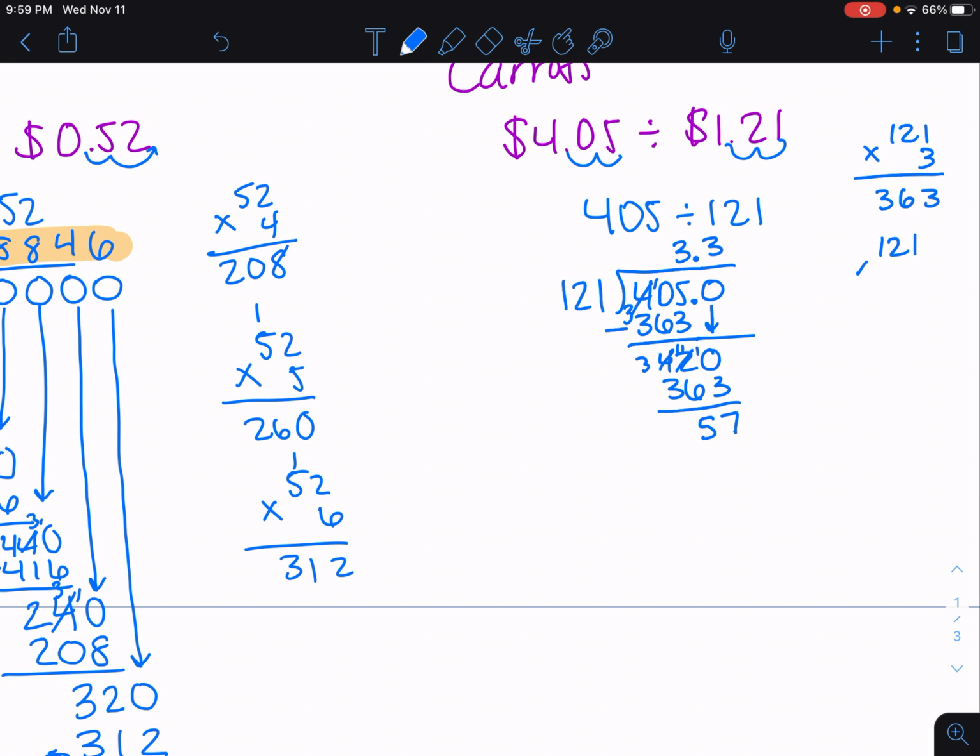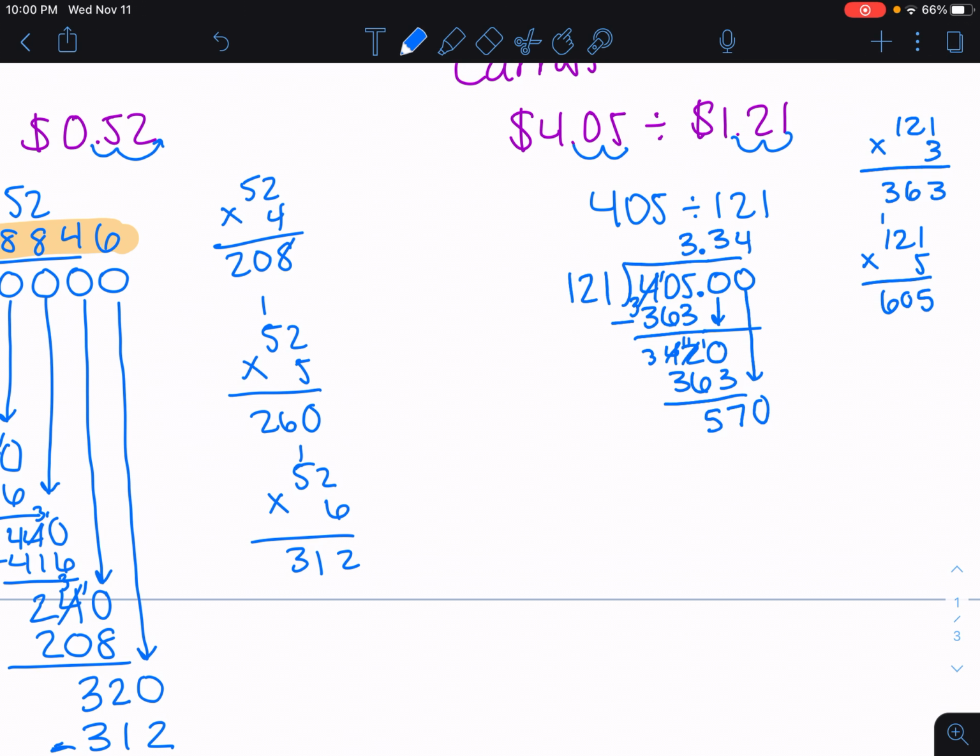So let's try 121 times 5. 5 times 2 is 10, carry the 1. 5 times 1 is 5, 6. So this is 605, so we're going to go with 4. And 121 times 4 is going to be 484.